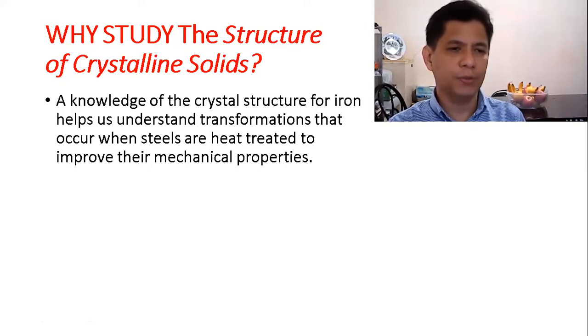So when you are producing steel, it involves high temperature and then you cool it down. So it's quite important to understand the formation of crystals, how fast you are going to cool the steel, what is the optimum temperature, because this will affect the strength and the properties of the steel. That's why we study the crystalline solid structure.